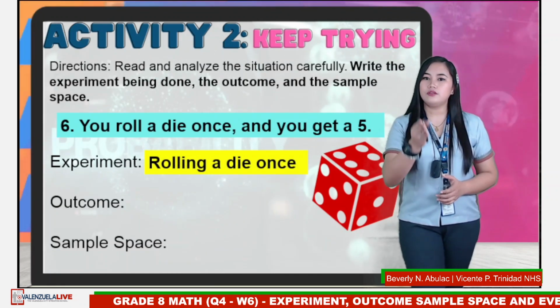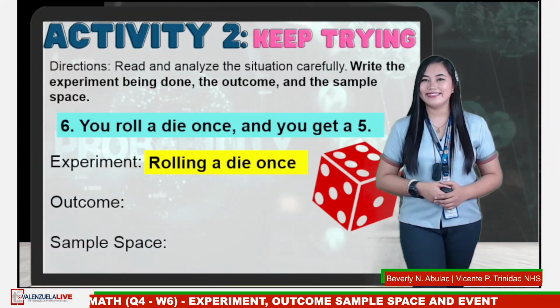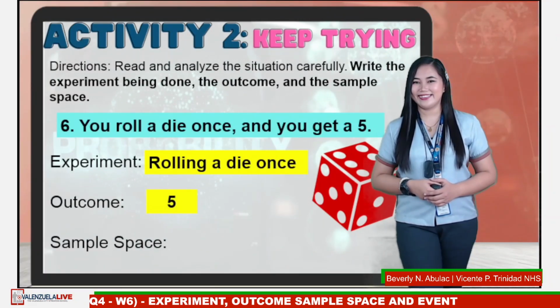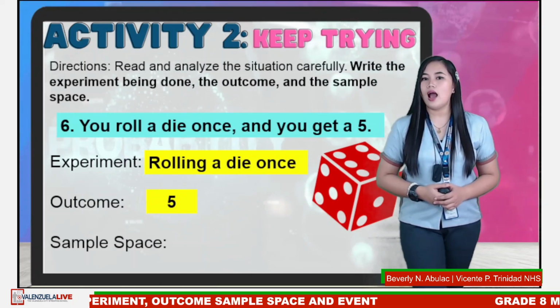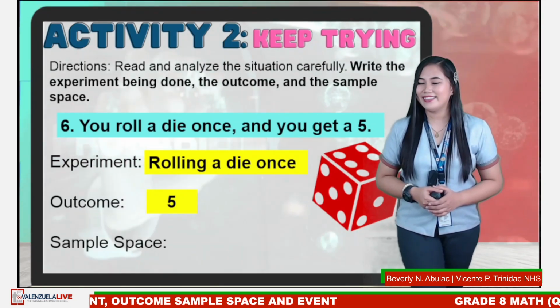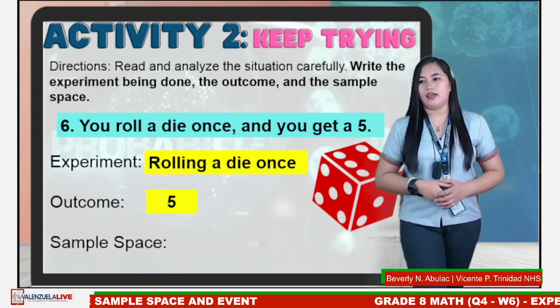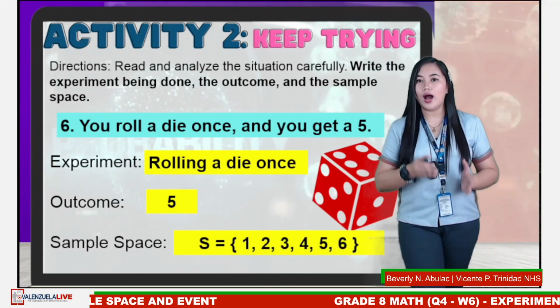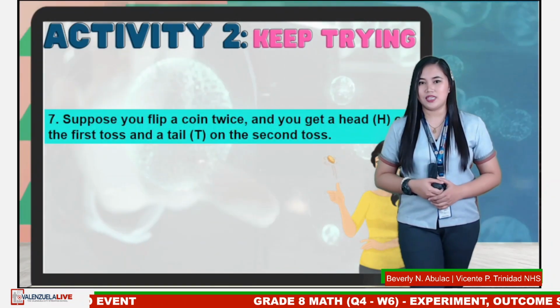That is rolling a die once. What is the outcome? Very good. It's 5. What is our sample space? That's correct. S equals {1, 2, 3, 4, 5, 6}.